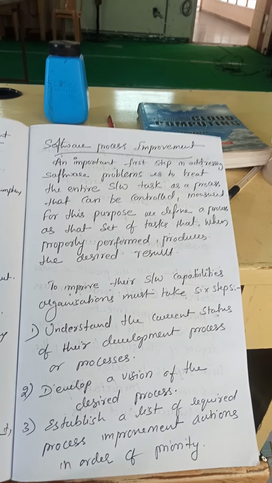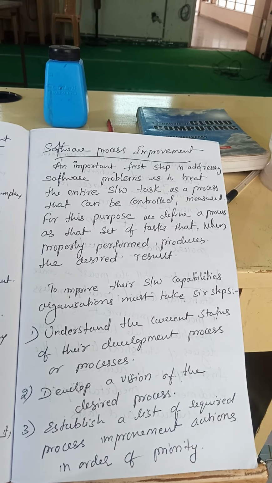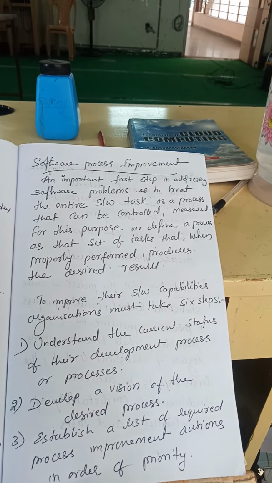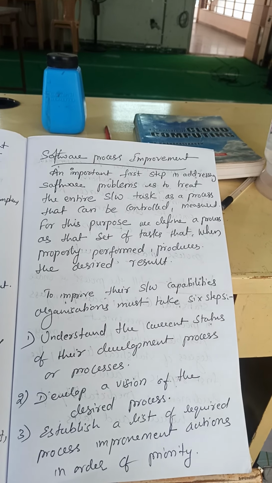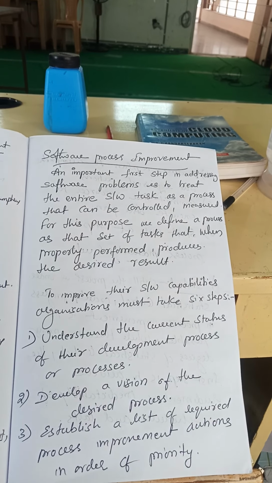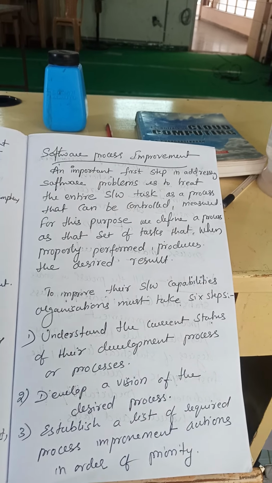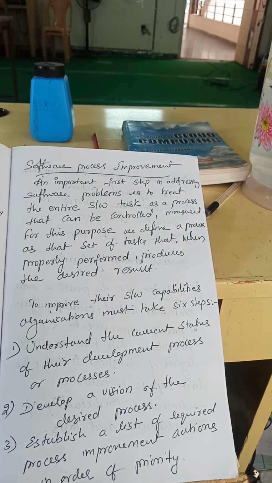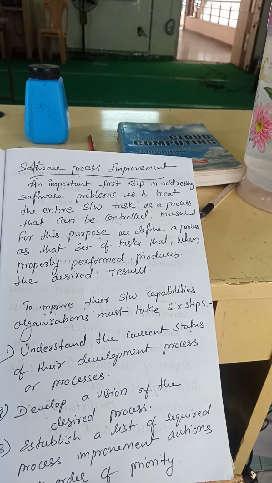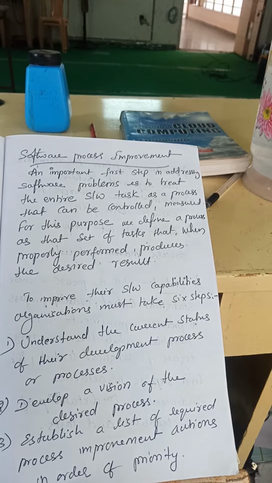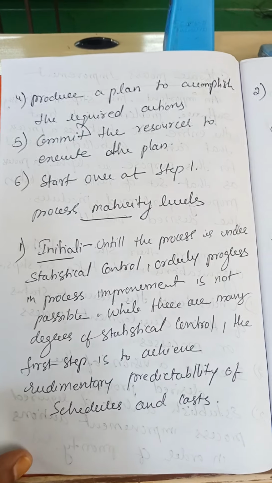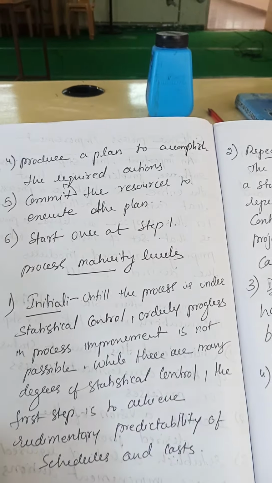The next step is to establish a list of required process improvement actions in order of priority. Here we segregate all problems, identify the major problem and then the others, and make it priority-wise. Fourth, produce a plan to accomplish the required actions.